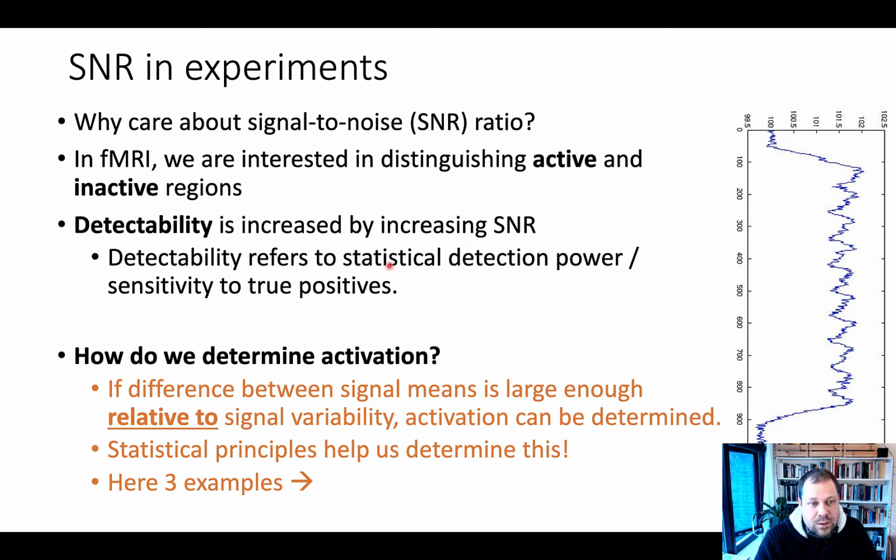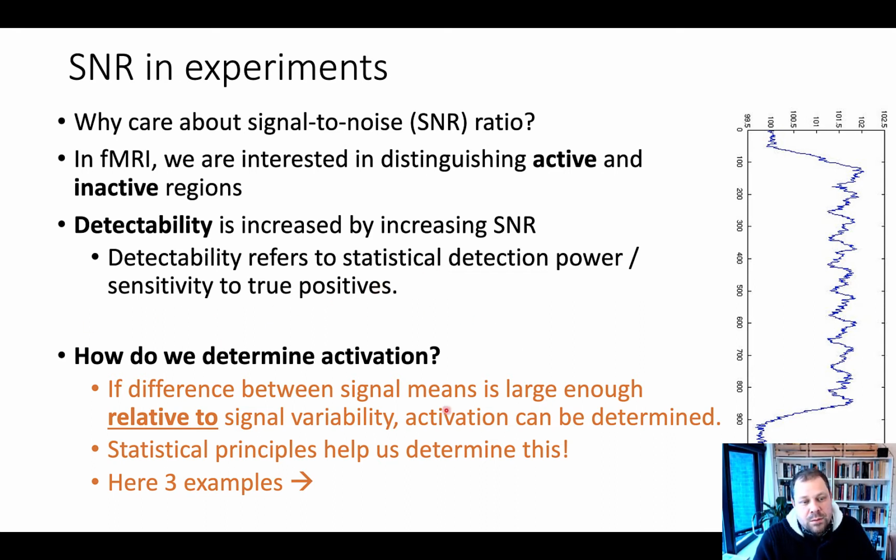This is no different here. Detectability refers to statistical detection power, or the sensitivity to detect true effects. So it's our goal to both increase signal and decrease noise, and we'll talk about this in this video.